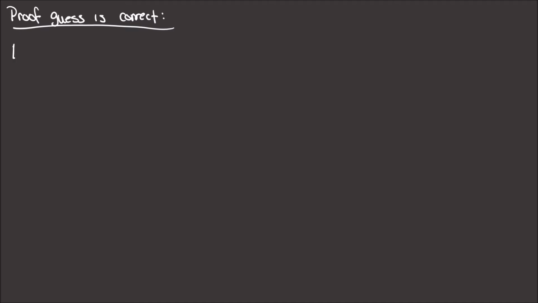So we first check the base case for n equal to 1. I'm going to rewrite my guess up here. It's m sub n is equal to 2 to the n minus 1.